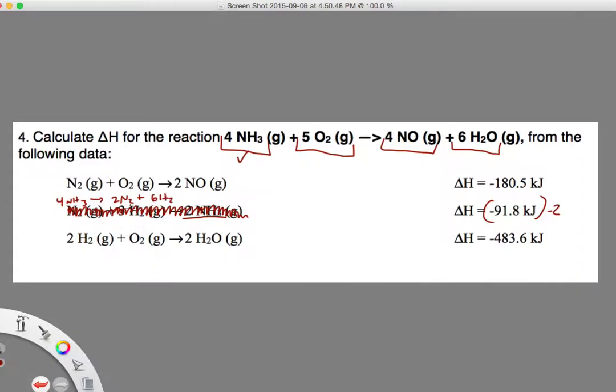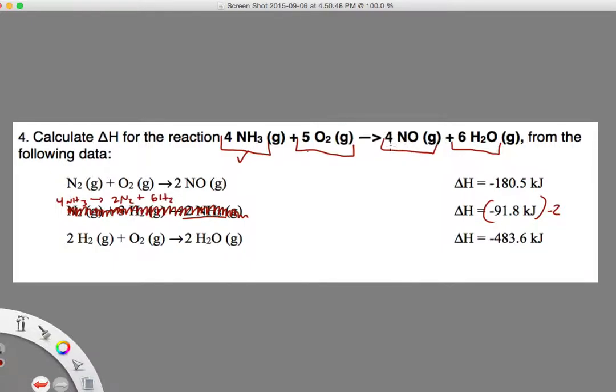I could multiply this entire thing by 2 and everything over here by 3, and that way I get 5 O2. But it could be the other way around. I might need to multiply this bottom equation by 2 and this top equation by 3 to get 5 O2. I don't know, so I'm just going to skip it for now because I think some other parts of this equation are going to show us the way.